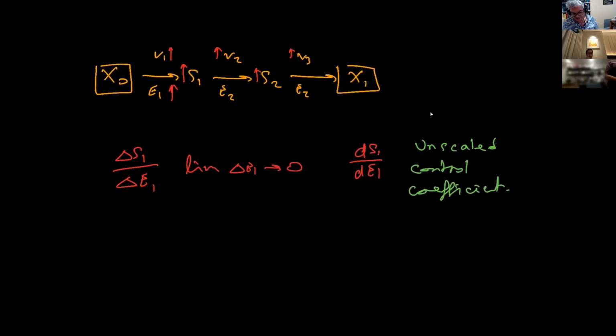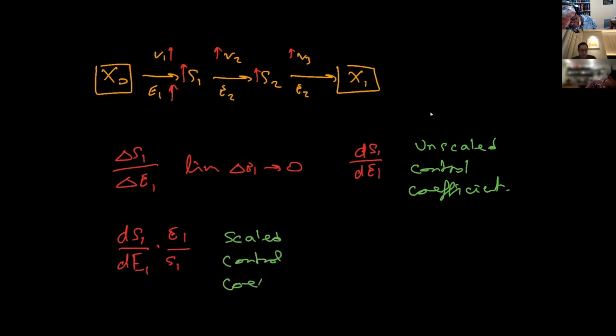As I said, we normally scale them. So we normally take this derivative and multiply by E1, the units cancel, and divide by S1, and the units cancel in S1. And then this is the scaled control coefficient. It's normally got the symbol C. The superscript is the thing you're observing, and the subscript is the thing you're changing.